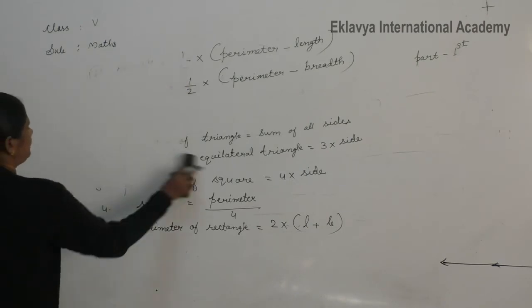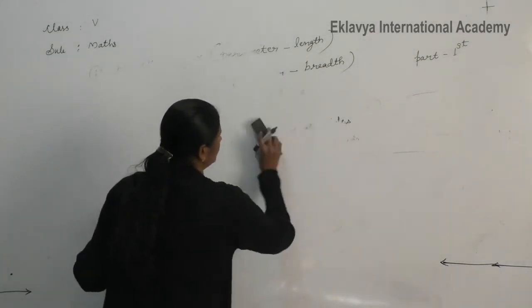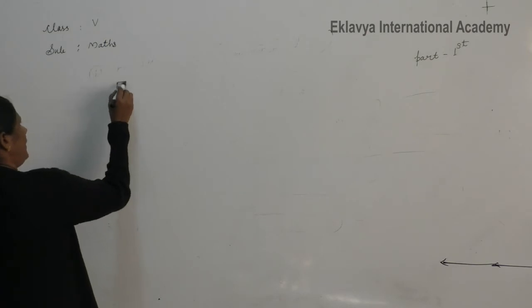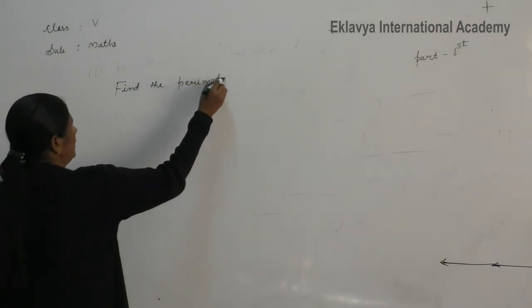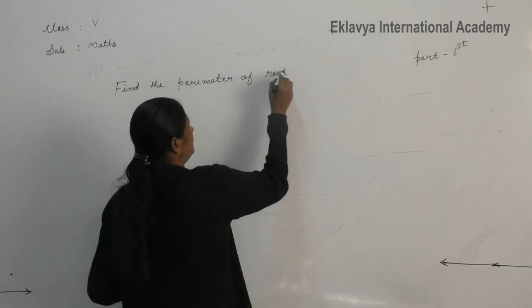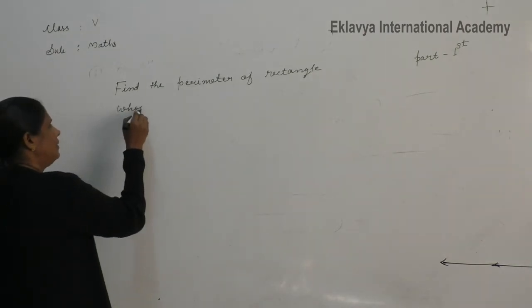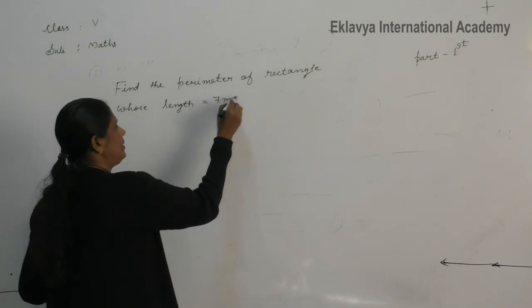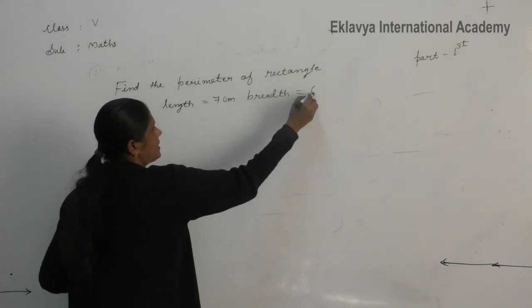Then our first question: find the perimeter of a rectangle whose length is equal to 7 centimeter and breadth is equal to 6 centimeter.